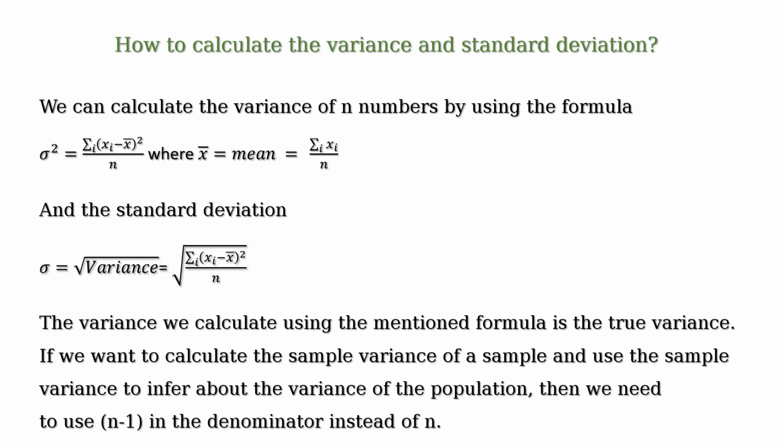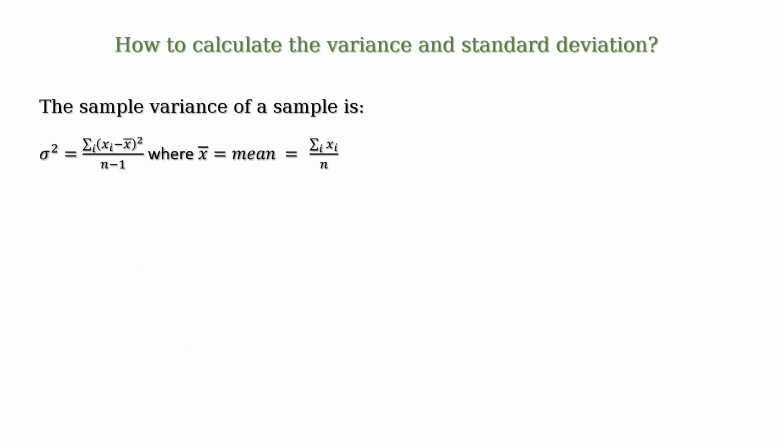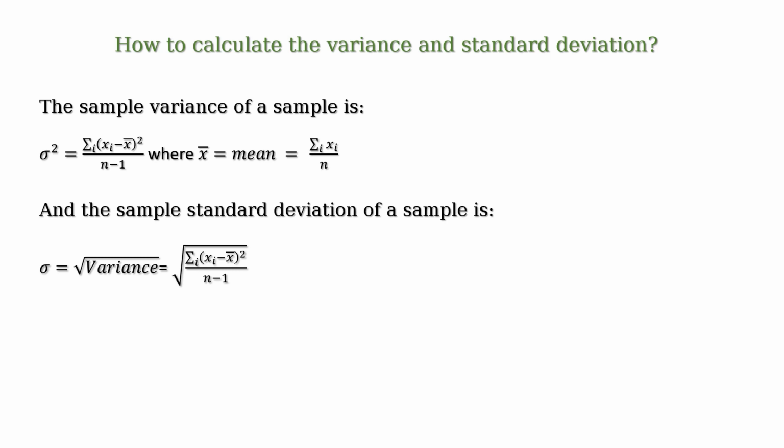In other words, the sample variance of a sample is sigma squared equal to the summation over i of (xi minus x bar) whole squared, divided by n minus 1, where x bar is the mean, equal to the summation over i of xi divided by n, and the sample standard deviation of a sample is the square root of the summation over i of (xi minus x bar) whole squared, divided by n minus 1.